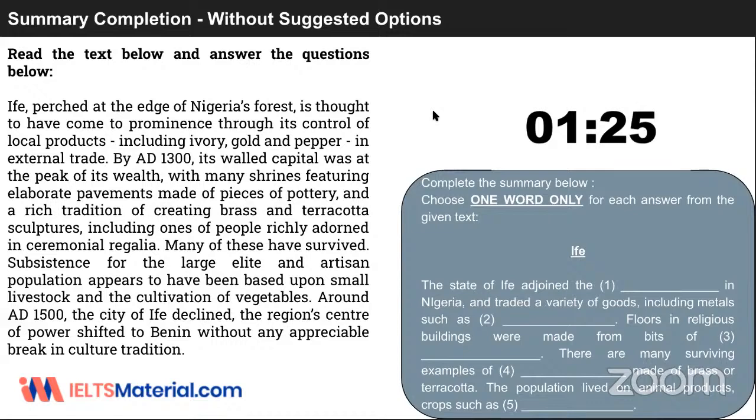See, Lovepreet, I told you you have to give the answers only when you have 30 seconds left. Only when you have 30 seconds left.